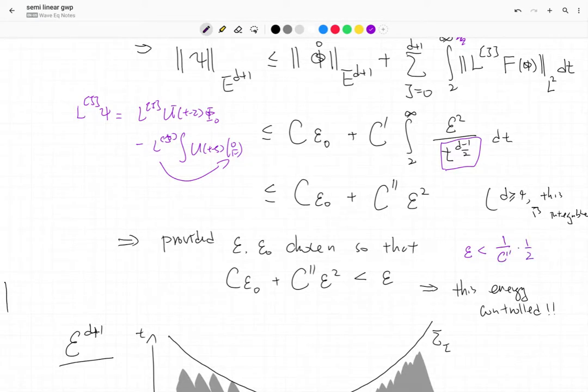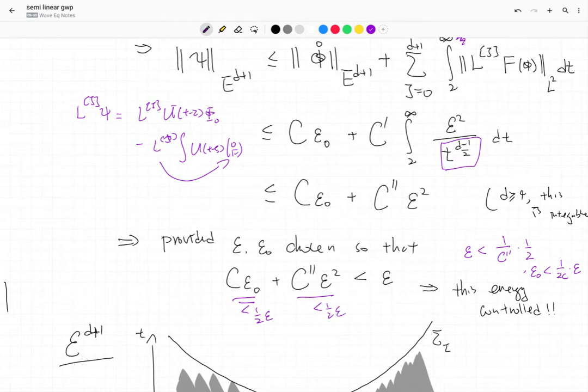Okay, and then after we choose this epsilon, we can choose epsilon naught to be less than 1 over 2c times epsilon. Then if you choose this, this first term becomes less than 1/2 epsilon, and this also becomes less than 1/2 epsilon, and they add up to less than epsilon.